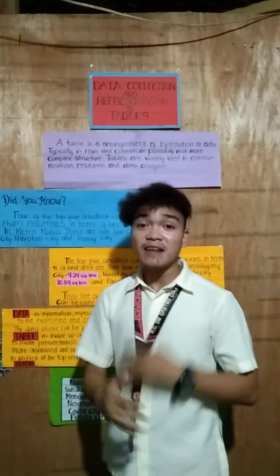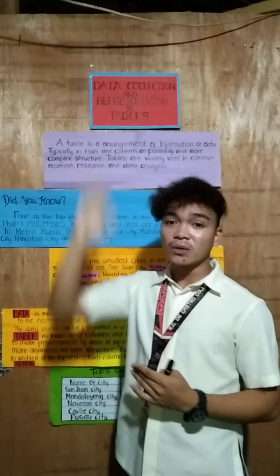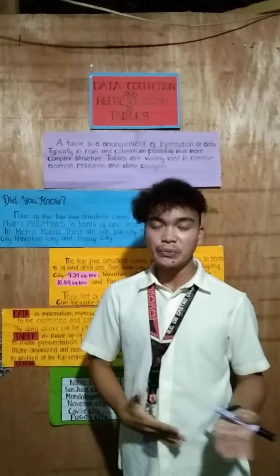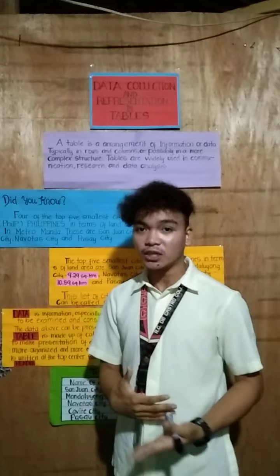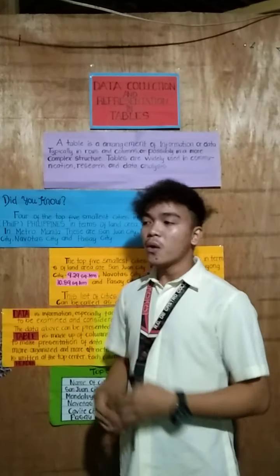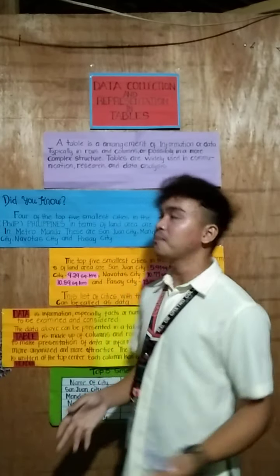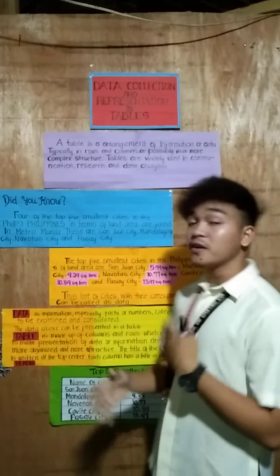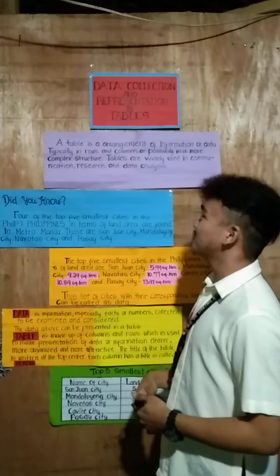At the same time, they rank them from highest to lowest, or either from lowest to highest, to know who the top students in the class are. So it is very important that we learn how to use a table for us to be able to identify who is the best and who is the lowest. That is what data collection and representation in tables is about.